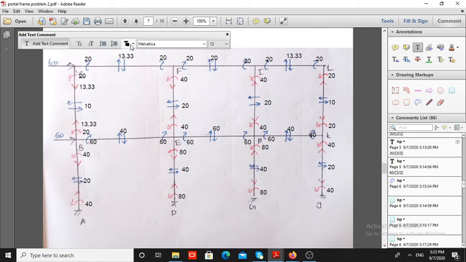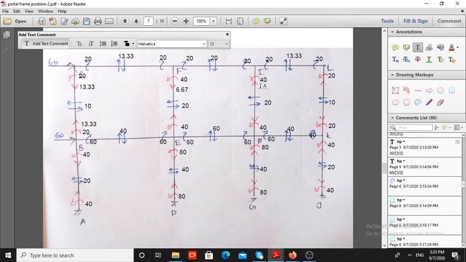Similarly here this is 20 downward, this is 13.33 upward. In order to satisfy sigma Fy equal to 0, I have to add 6.67 upward. This value is 13.33 upward.